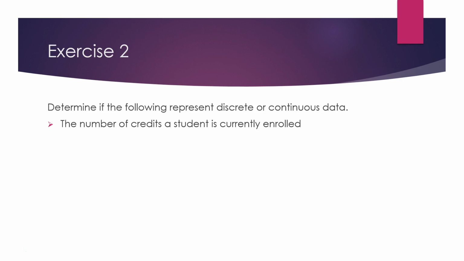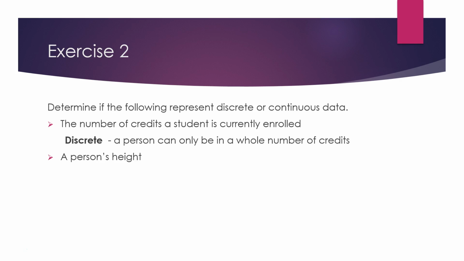We don't typically see half credits very often, and we definitely won't see 2.7593 credits. So this is going to be an example of discrete data because a person can only be in a whole number of credits, barring some exceptions with half credits, but it's not going to be something with a ton of decimal places.